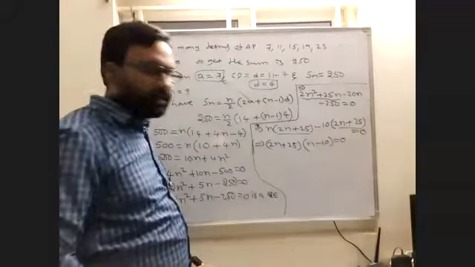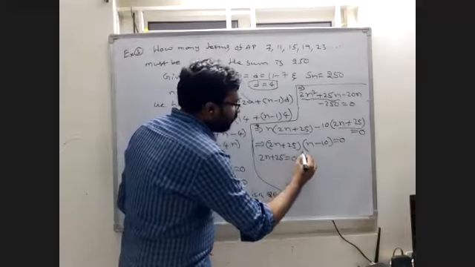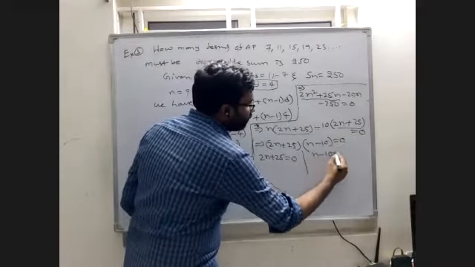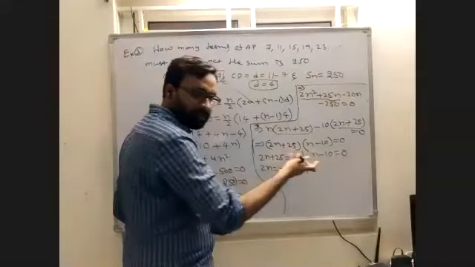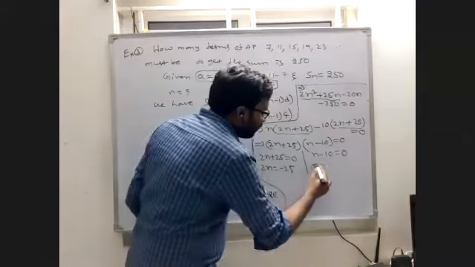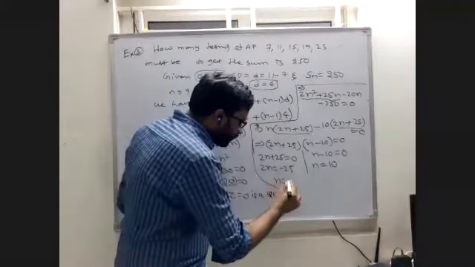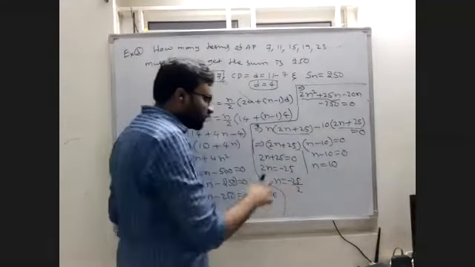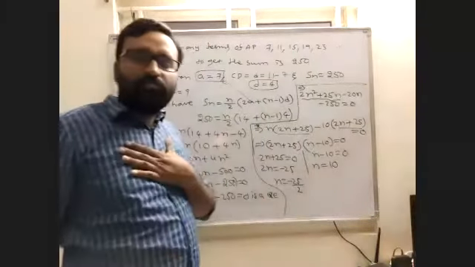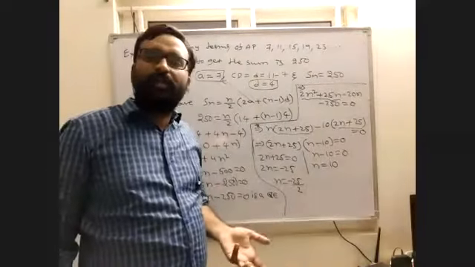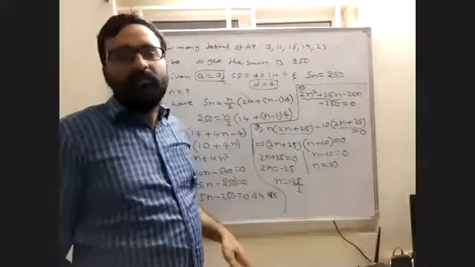Now the zero product rule we have to apply. 2n plus 25 is equal to 0 or n minus 10 is equal to 0. Now 2n is equal to minus 25, n is equal to 10, minus 10 will be plus 10. Now n is equal to minus 25 by 2, here n value is 10. We have to find the number of terms. The number of terms should be positive and an integer: 1, 2, 3, 4, 5, 6, like that we will get the number of terms.